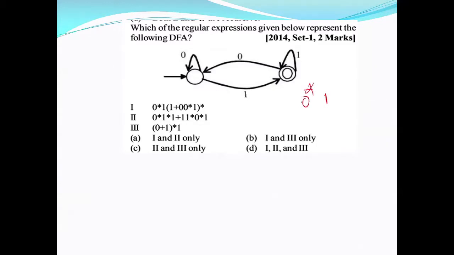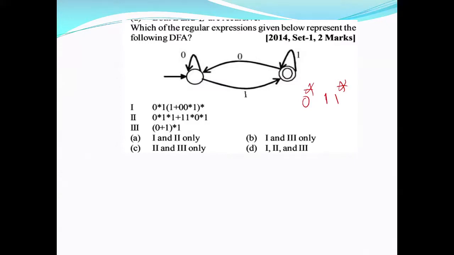And 1 followed by any number of ones, 1 star. Or if at all you get 0, you are coming back, and then can be repeated, 0 star 1. Then 0. When you get 0, you are coming back and once again checking for this.